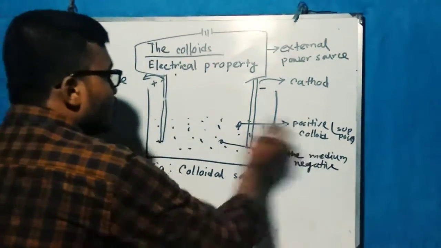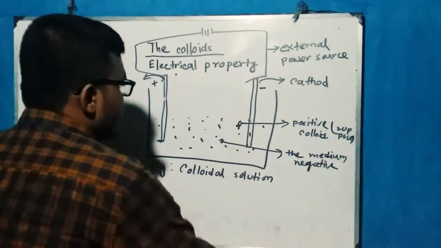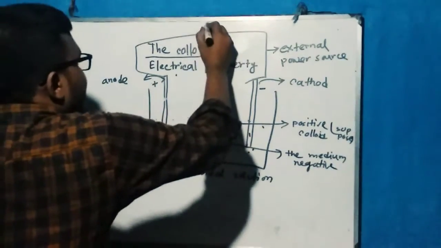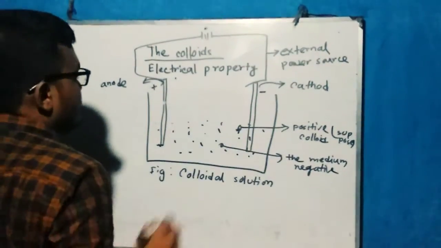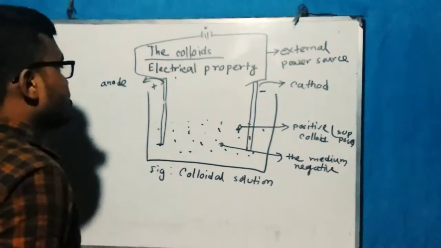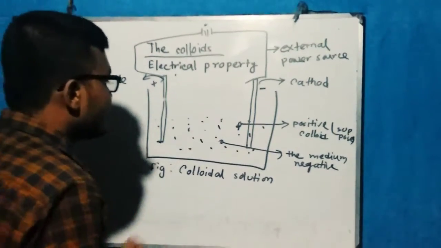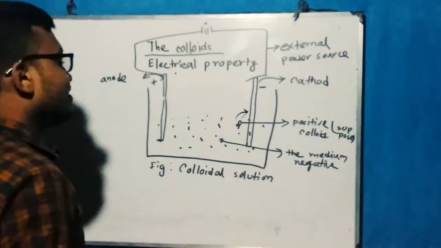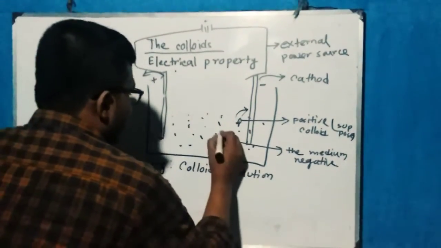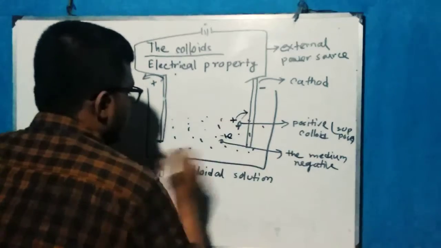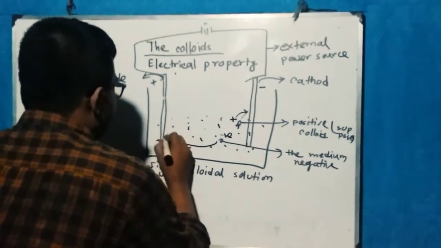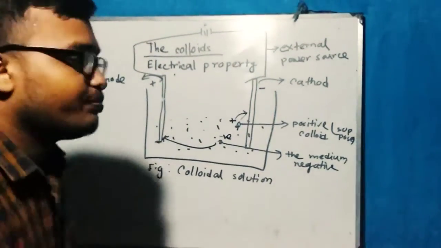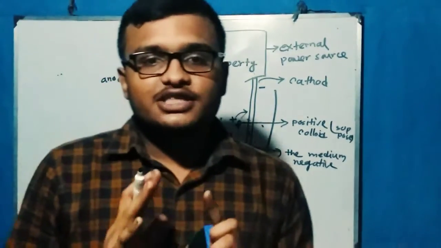So for the positive colloid, if we give a large potential difference, the positive charge will be attracted to the negative electrode and the negative charge will be attracted to the positive electrode. The colloidal particle is the dispersed phase.